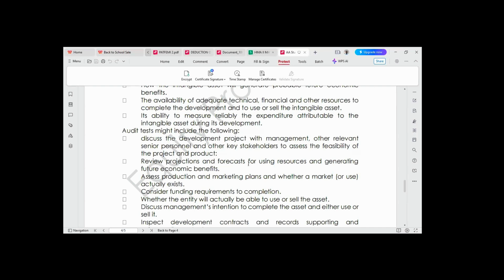Then whether the entity will actually be able to use or sell the asset. They discuss management's intention to complete the asset and either use or sell it. Then inspect the development contract and record supporting documents.